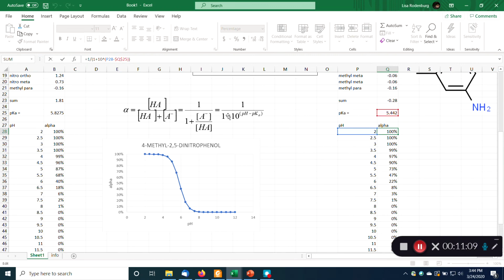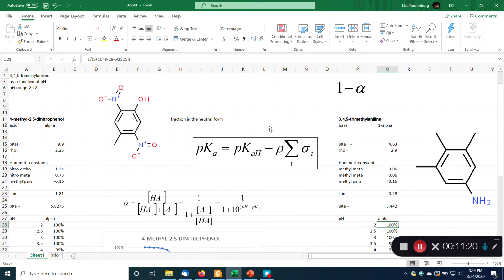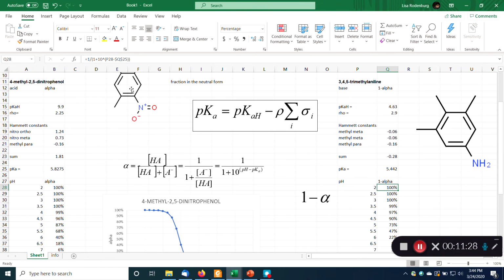Now I've calculated alpha using this equation, 1 over 1 plus 10 to the power of pH minus pKa. But what I really want here, because I'm plotting the base, is I want to calculate 1 minus alpha. So we'll call this 1 minus alpha. And to do that, that's easy enough. We'll just put this whole thing in parentheses.